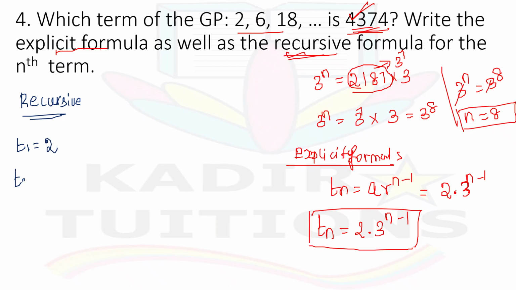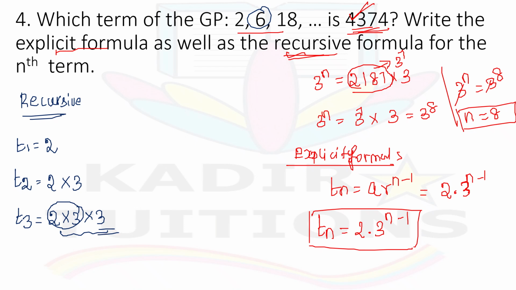And what about the term T2? We get this 6 from the previous term, 2, by multiplying by 3, right? Now for the third term, we take the second term and multiply by one more 3, so we get 18. So if you multiply the previous term by 3, we get the current term.